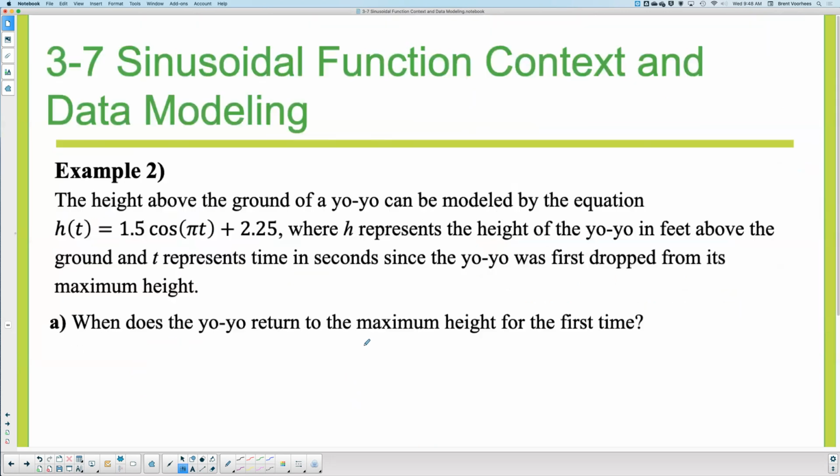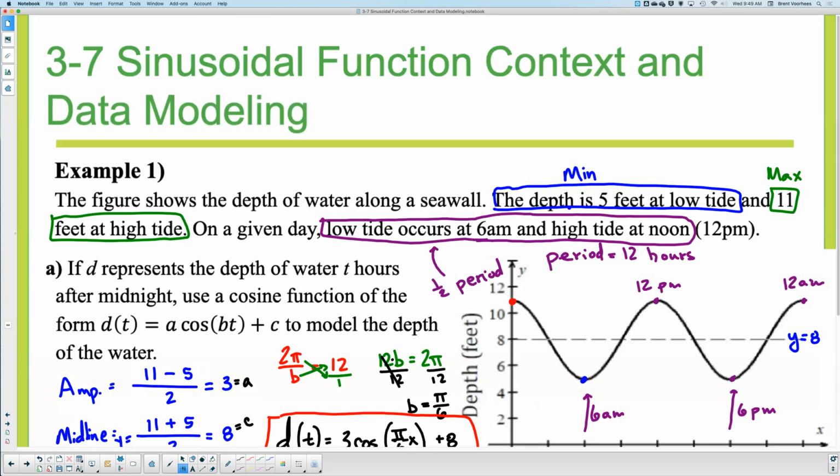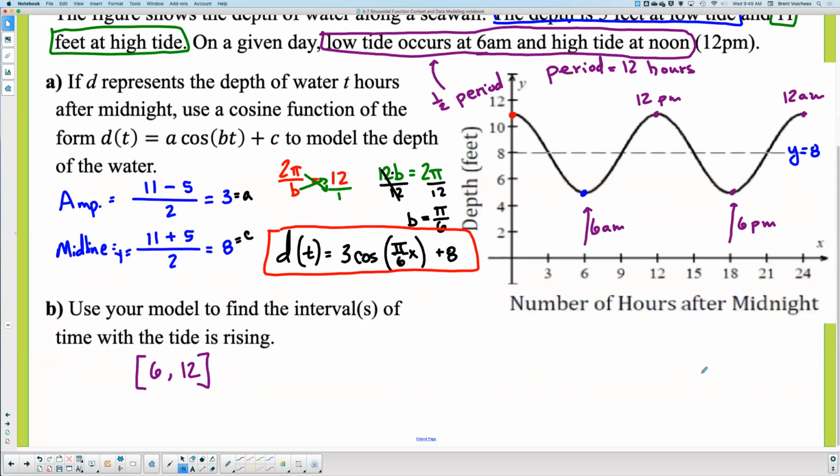All right. How about this? Example 2. How do you know the translation on? No, there is actually. This one did not have a translation horizontally. It did have a translation vertically.